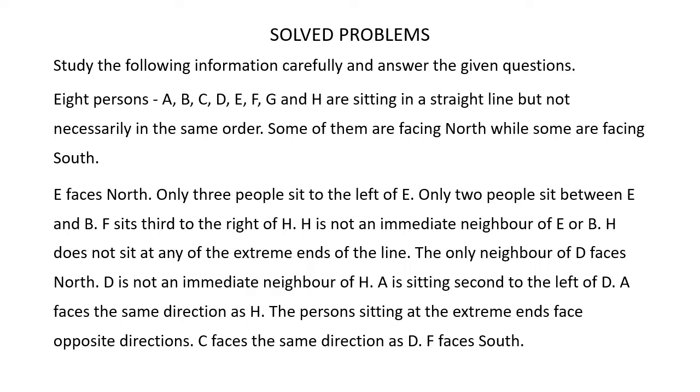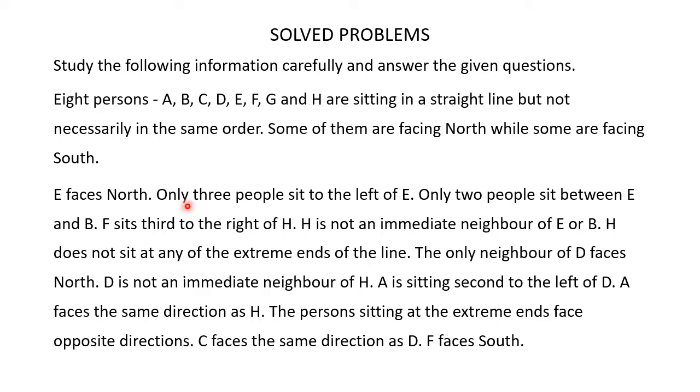Now before you start solving the problem, you'll see that it's given that there are 8 persons sitting in a straight line. So first draw a straight horizontal line and mark 8 places for these 8 persons. Then among the given statements, find which statement gives you the direct information which will help you to fix the position of a person.